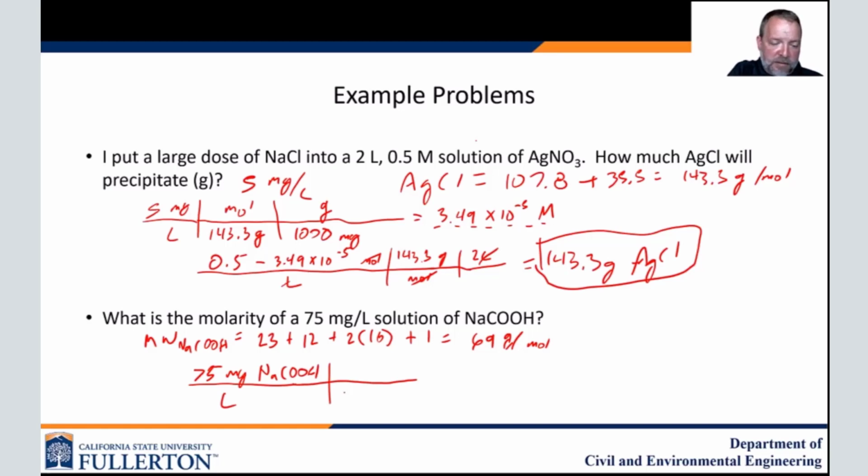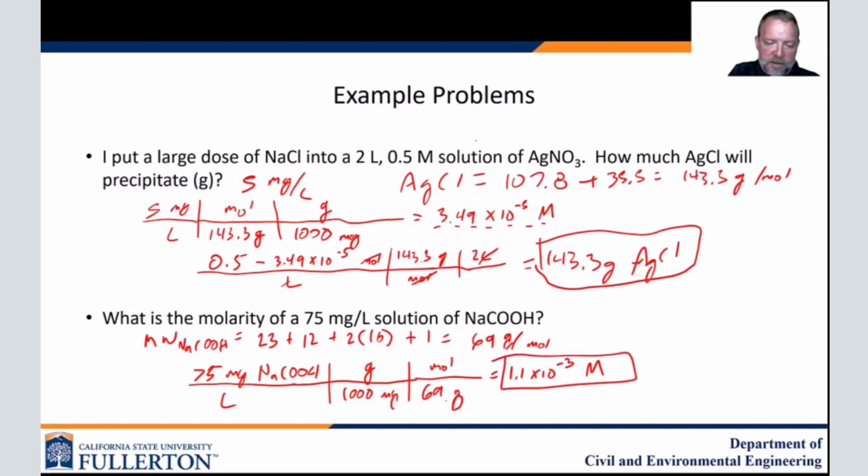So let's go ahead and convert this 1,000 milligrams per gram and the molecular weight of NaCOOH. We multiply that through 75 across the top, divided by 1,000, divided by 69, and we get 1.1 times 10 to the negative third moles per liter. You can see if we cancel out our units, milligrams cancels, grams cancels, and we're left with moles per liter, which we call molar.